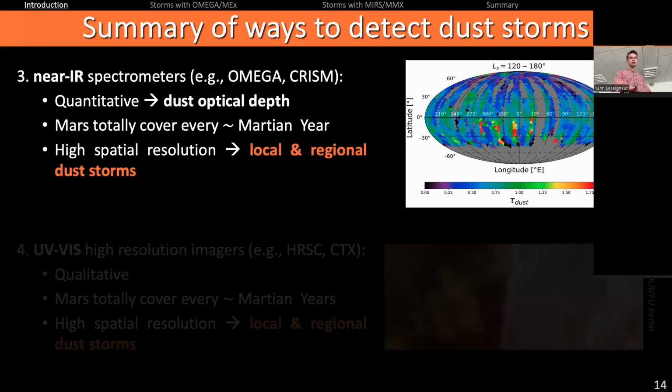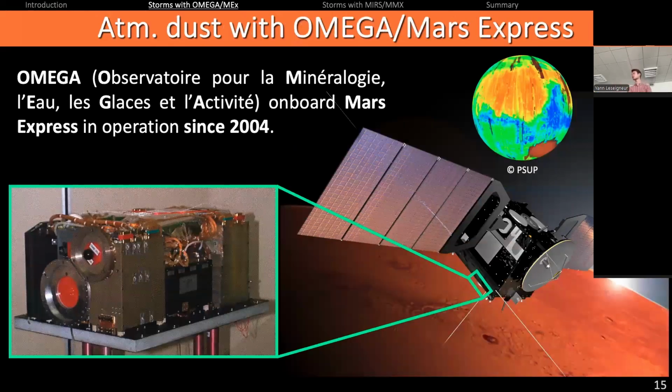So we start by talking about the near-infrared spectrometers and more about OMEGA. OMEGA is the Observatoire pour la Minéralogie, l'Eau, les Glaces et l'Activité, on board Mars Express in operation since 2004, so more than 20 years of operations.